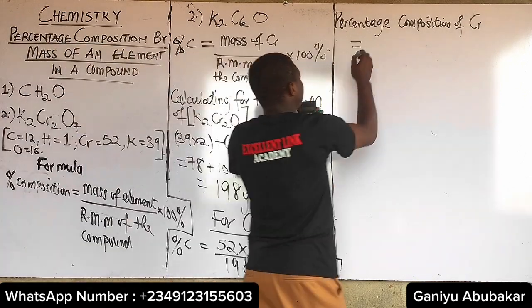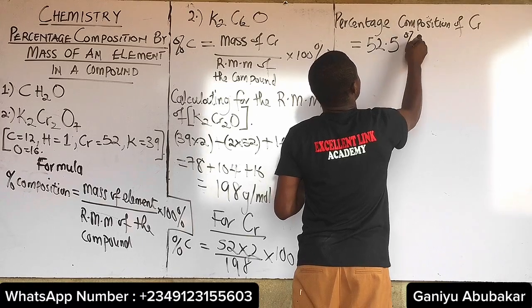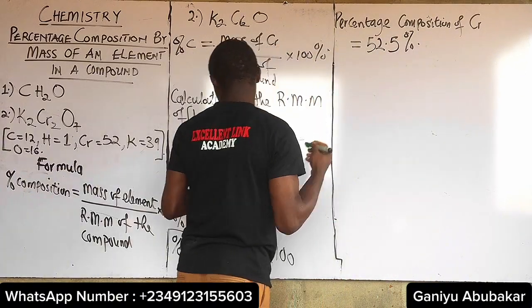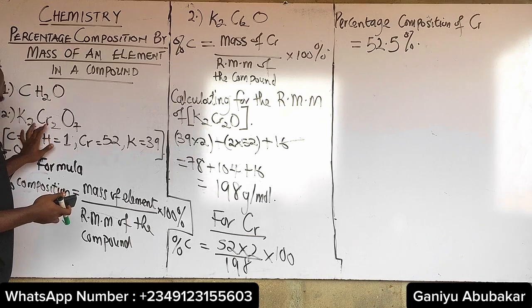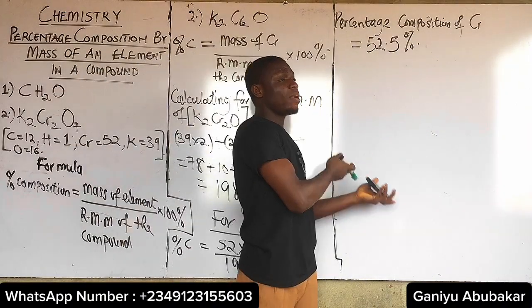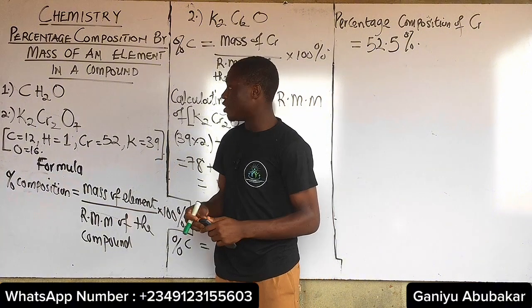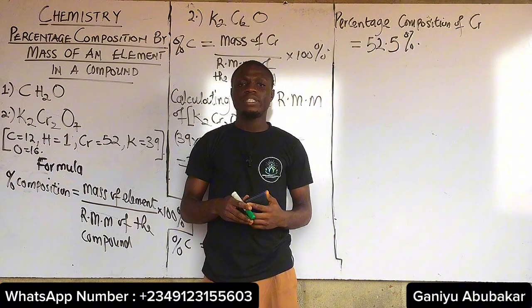The percentage composition of chromium is 52.5% as my answer. So this is how to find the percentage composition of an element in a compound. See you in our next class.